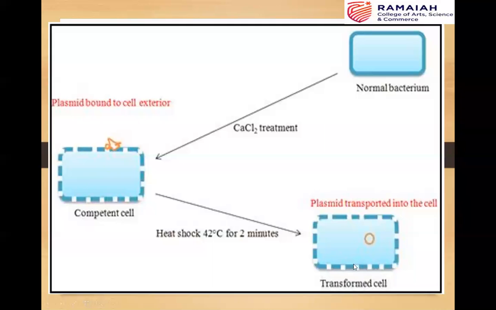When the DNA is pushed inside the cell, we call that cell a transformed cell. How is it transformed? Because the genetic makeup of the cell is changed because of this process. So the plasmid is transported into the cell, and the cell becomes a transformed cell.